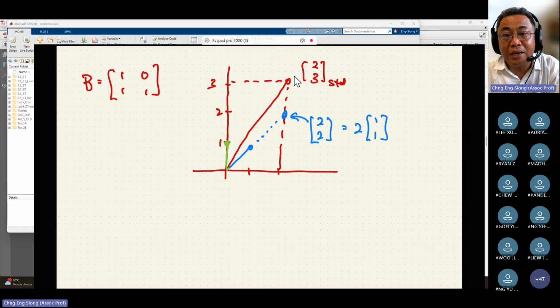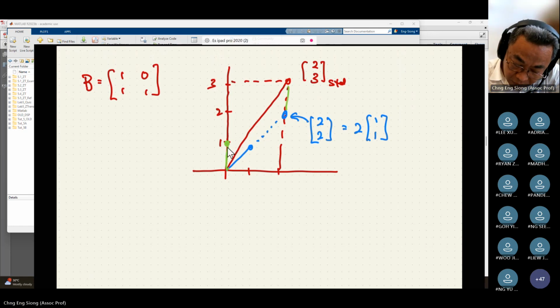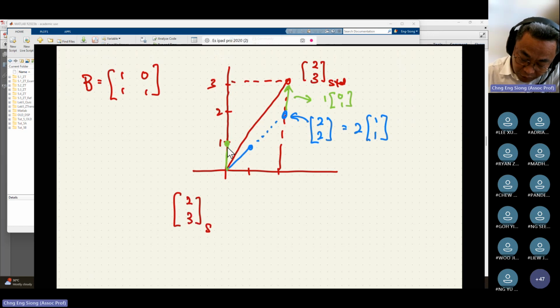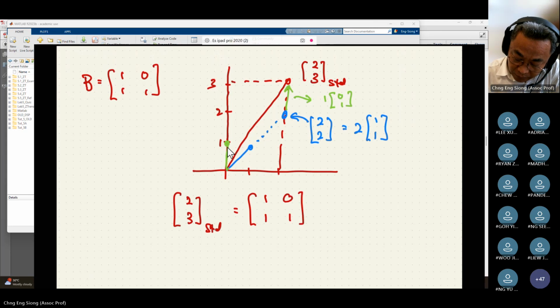Now I want to move up, right, by the green. So this is 1 times 0, 1. So therefore, I can reach 2, 3, the standard coordinate, using the B basis by the weights 2 and 1.